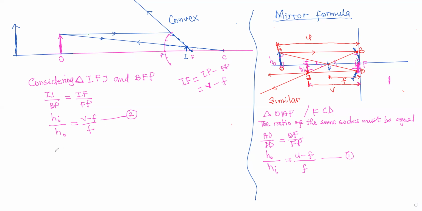So we have equation 1, which is HO over HI equal to U minus F over F.